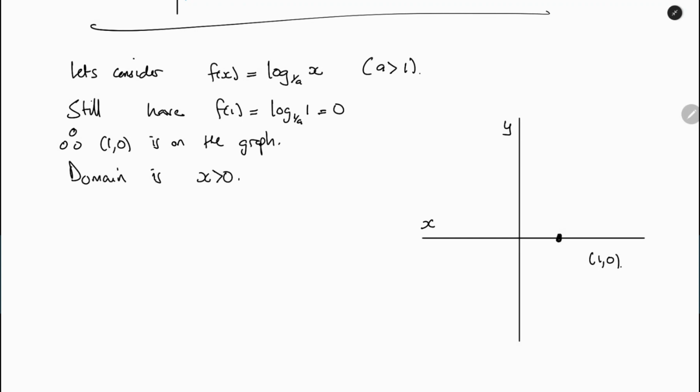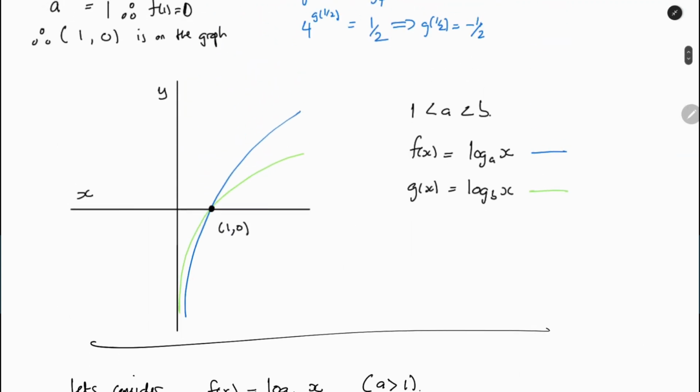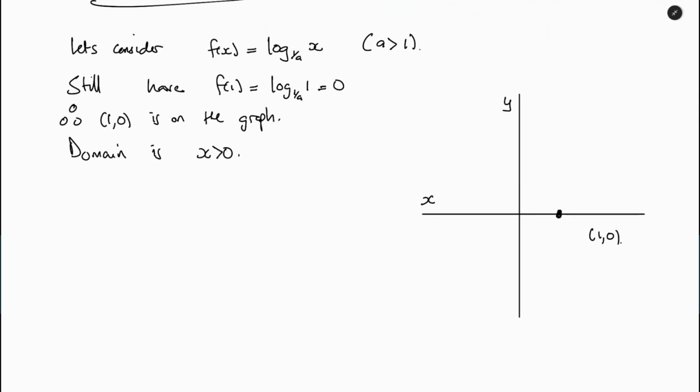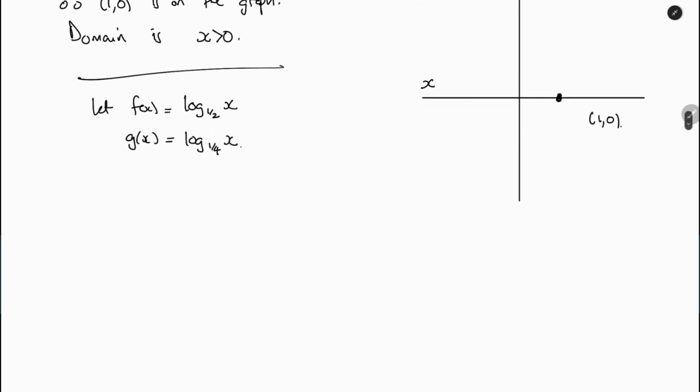But now how is the shape going to differ from these graphs over here? To do that, I'm going to consider again two specific examples. I'm going to let f of x equal log base a half of x and g of x equal log base a quarter of x. Now let's look at these graphs compared to each other.